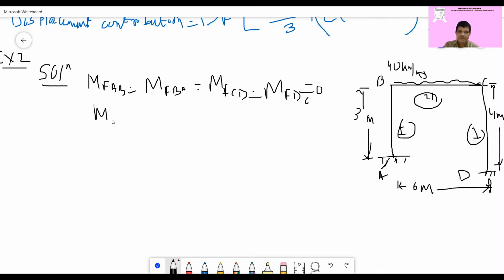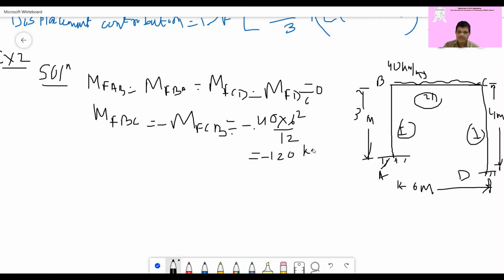And MF BC is equal to minus MF CB is equal to minus WL square by 12, which is minus 120 kilonewton meter. Okay, so that you can calculate.